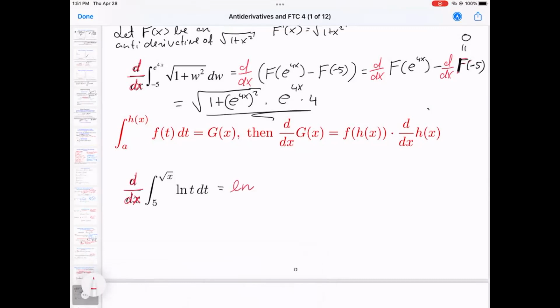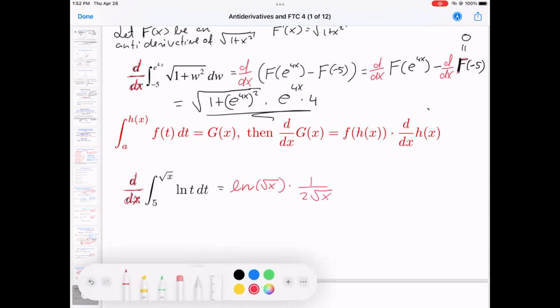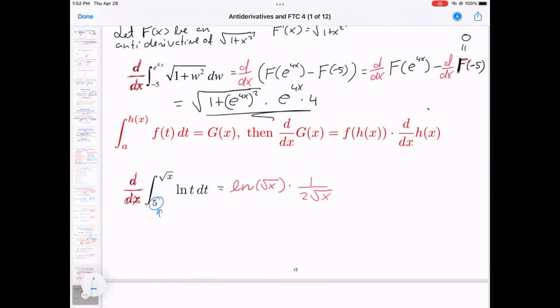So that's going to be ln of radical x, and then you multiply by the derivative of radical x, which is 1 over 2 radical x. And it doesn't matter what we have here. It could be any number in the domain, of course.